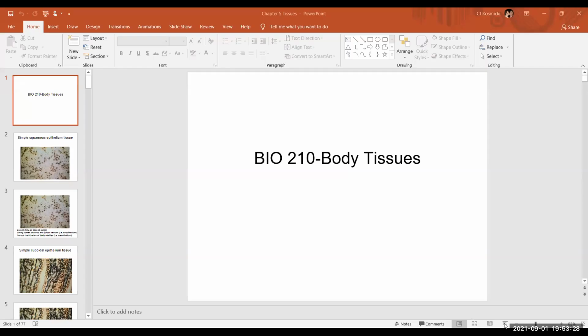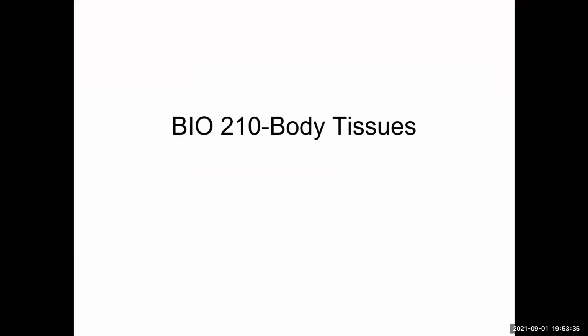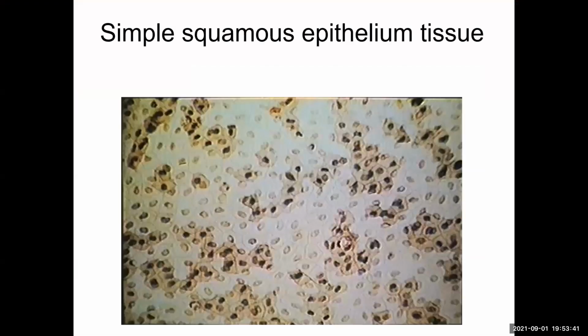All right, so if you've got your lab atlas with you, let's pull that baby out. We're going to do a little bit of labeling, and then we'll finish up chapter 5 on the body tissues. Grab your atlas out, open it up, and you'll start to see slides of different body tissues.